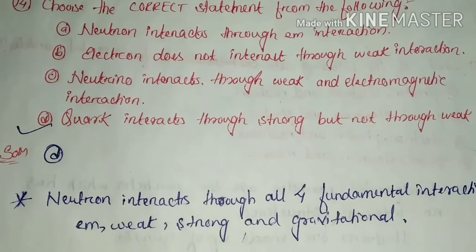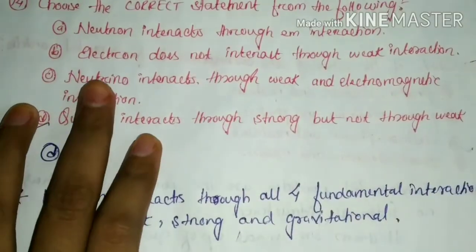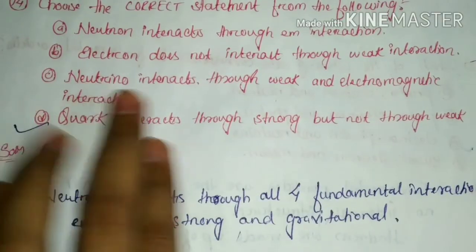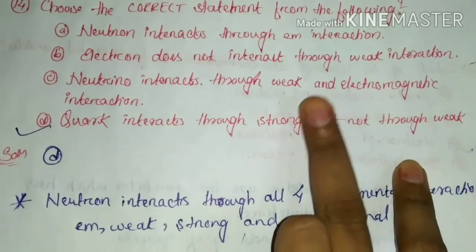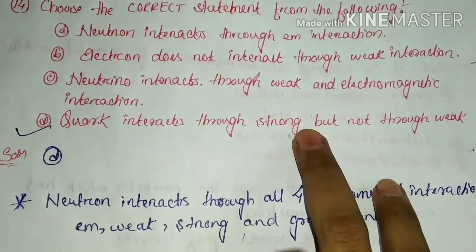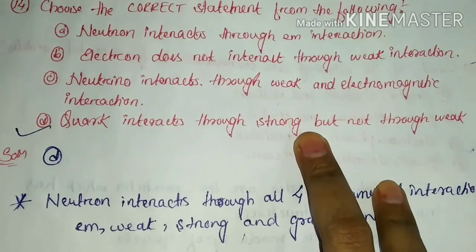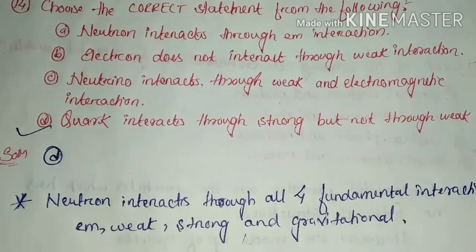You have to keep in mind that neutrons interact through all the four interactions. Electrons interact with weak interaction. Neutrinos interact only through weak interaction, and quarks interact through strong interaction but not through weak. So this is very simple. The correct option is option D.